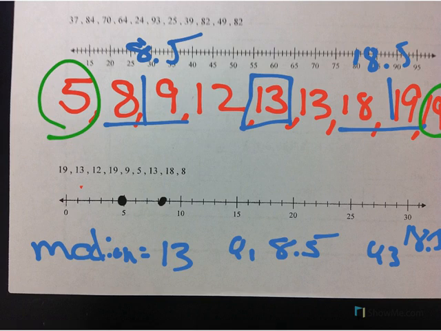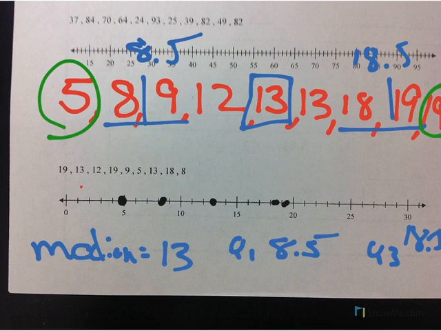I got 13. So I count over to 13, put a dot right there. I know my upper quartile, my third quartile is 18.5, so that's going to be right about there. And then I know my maximum number's 19, which is right there.